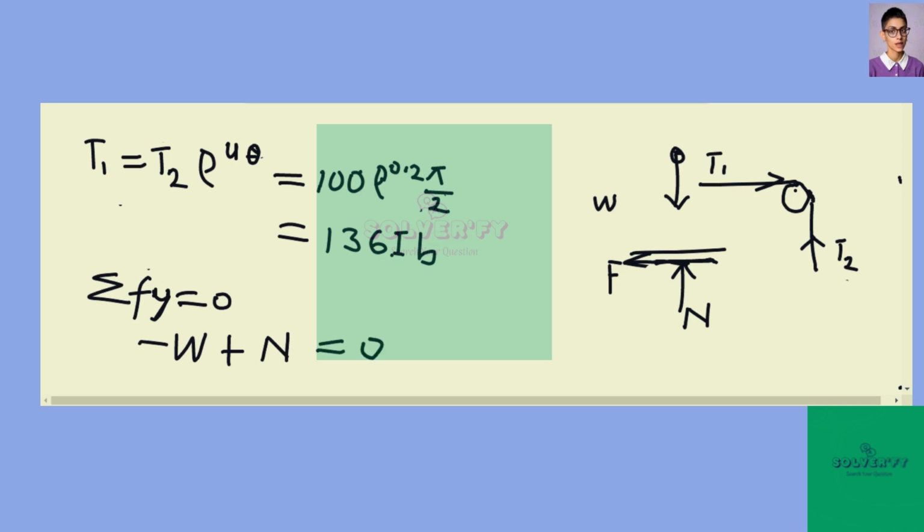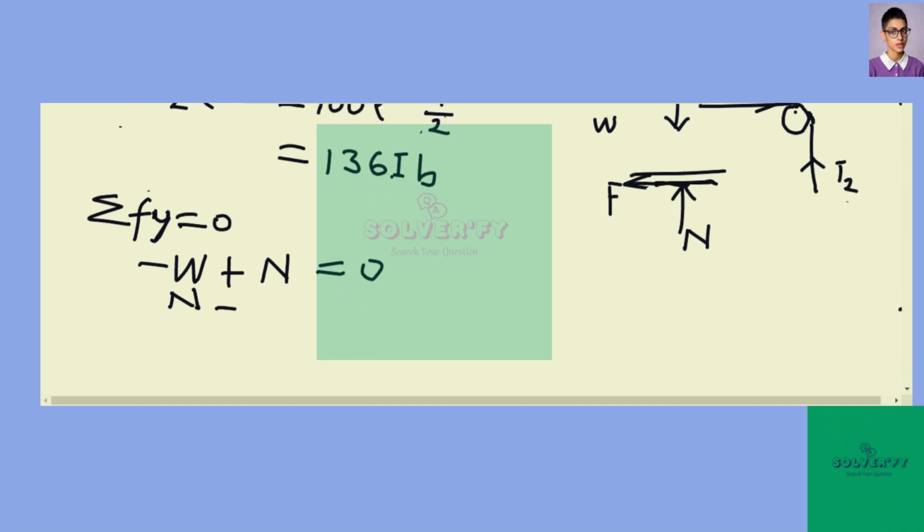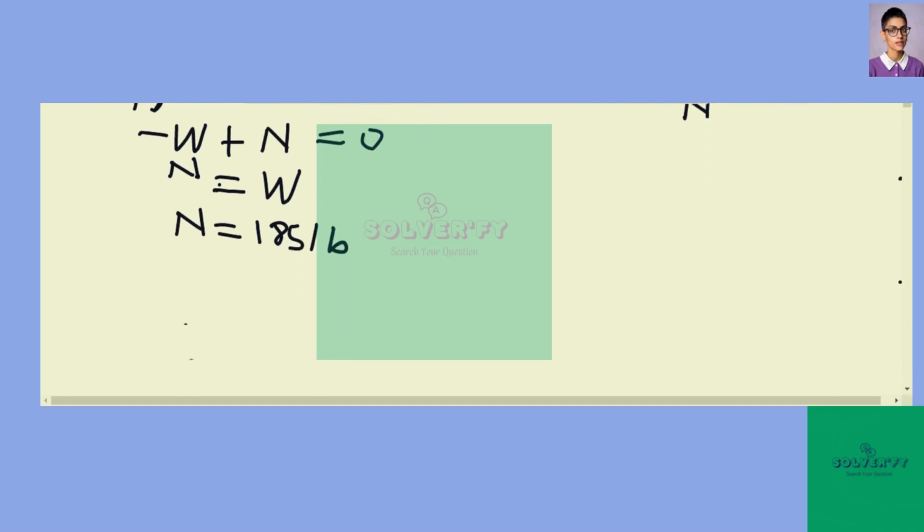When we solve this, we are going to arrive at N. Since the weight of the woman is 185 lb, that means the weight of the woman is equal to W. So therefore, N is equal to 185 lb.